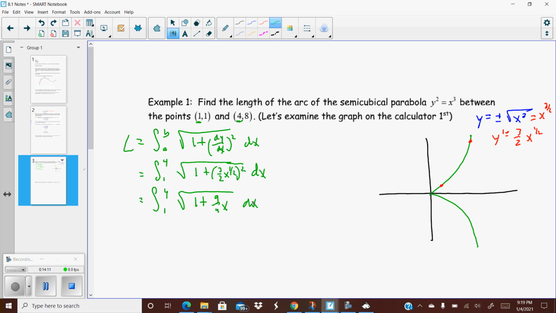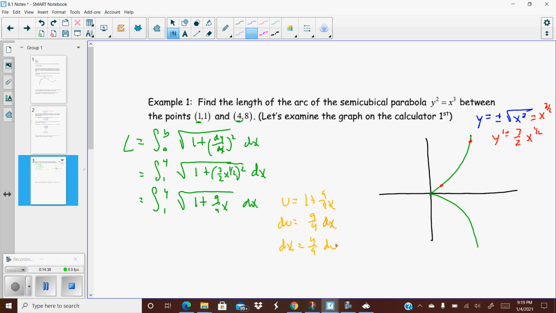So now we have to go back to some techniques that we've learned in the past. We're going to have to do a u substitution here for our composite function. 1 plus 9/4 x is u. So du is just going to be 9/4 dx. Solving for dx, we'll multiply both sides by 4/9. So dx is going to be 4/9 du.